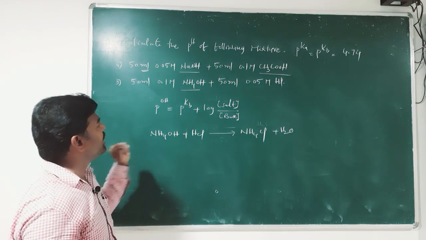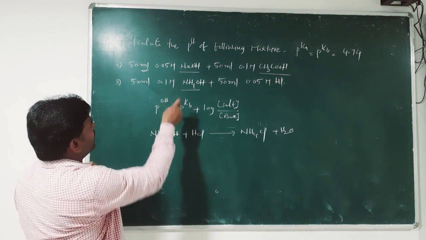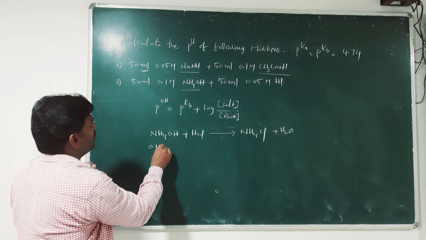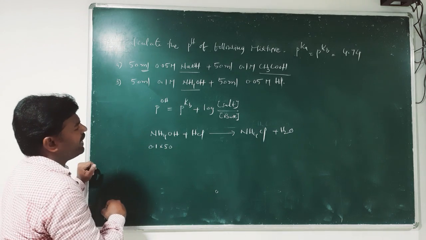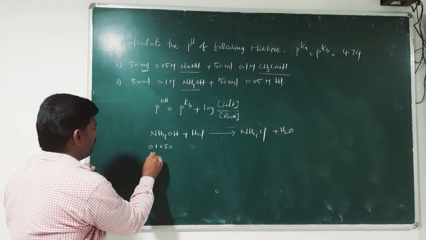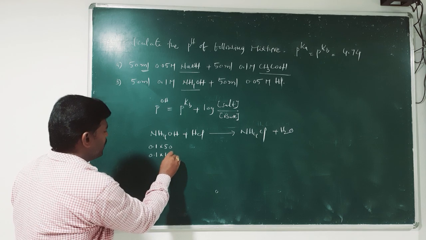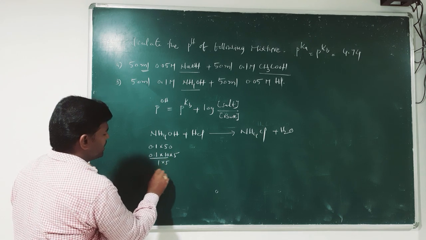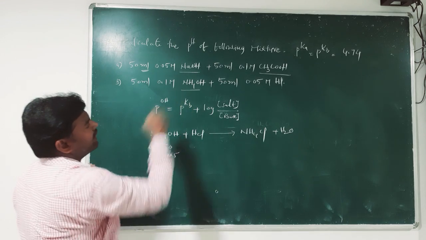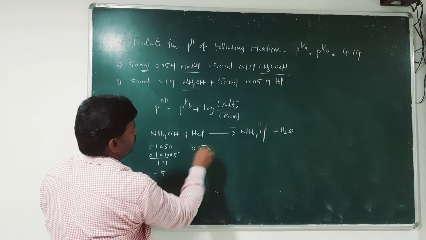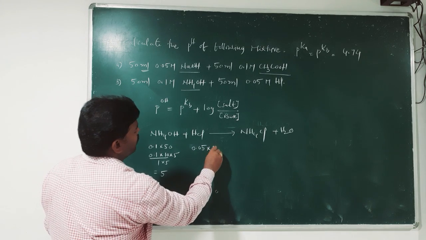So NH4OH, what is the molarity of NH4OH? 0.1 and its volume is 50. Okay, and what is the concentration of HCl? So 0.1 into 10 into 5, it can be written as 1 into 5, so that is 5 millimoles, and HCl, its molarity is 0.05 into 50.